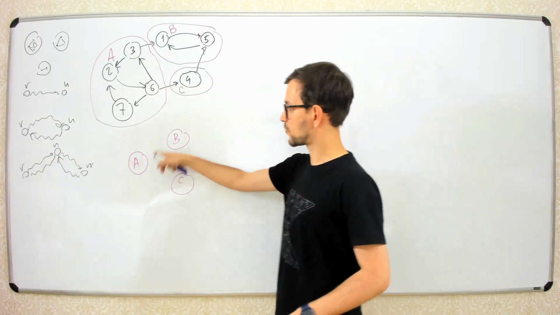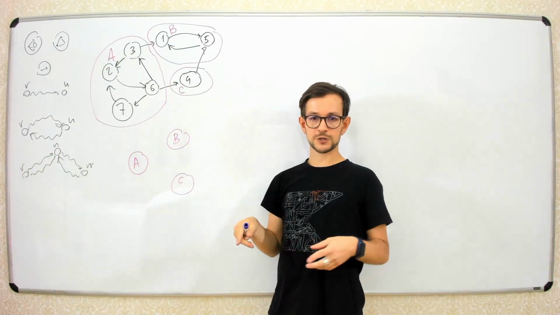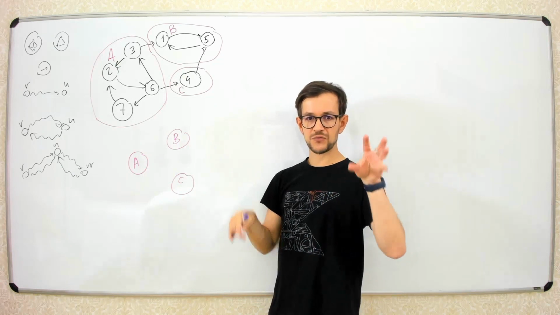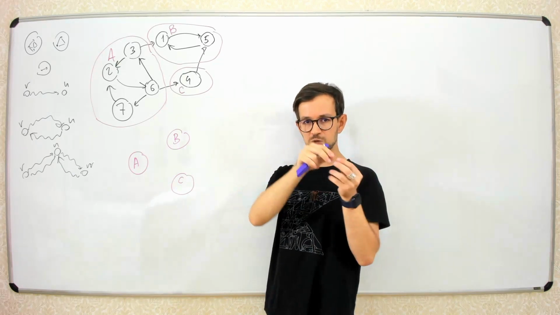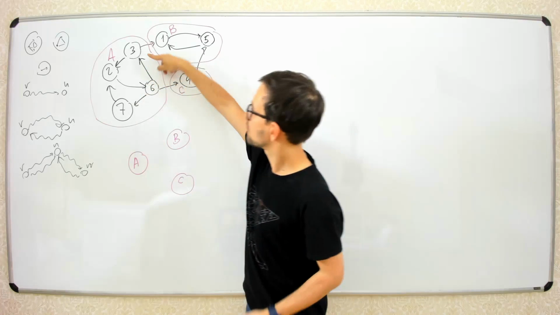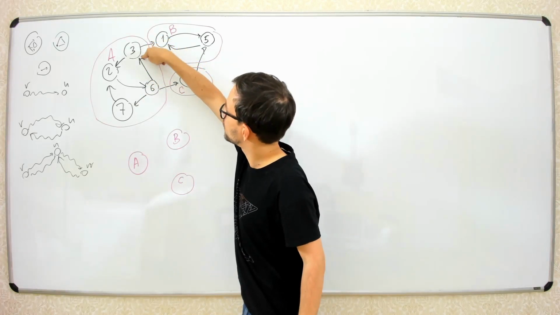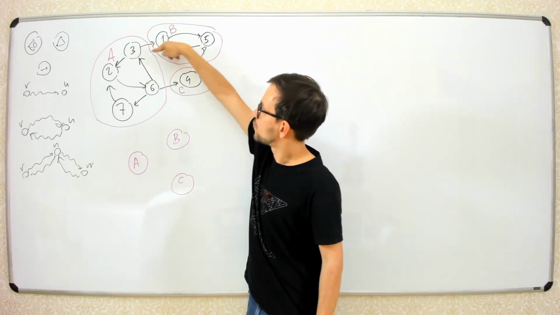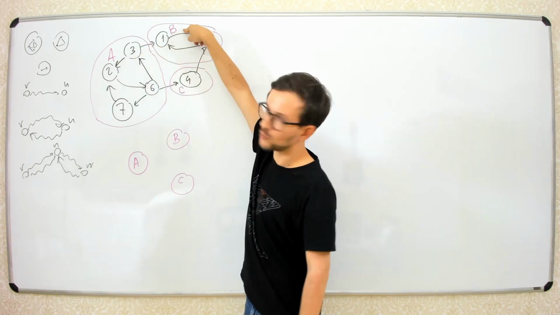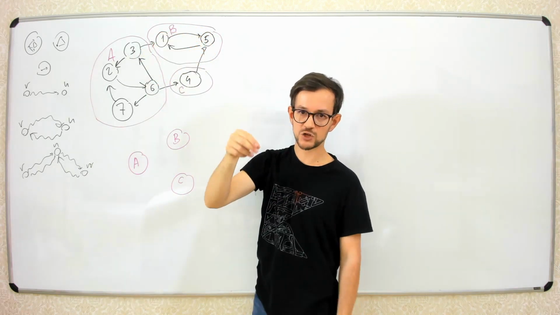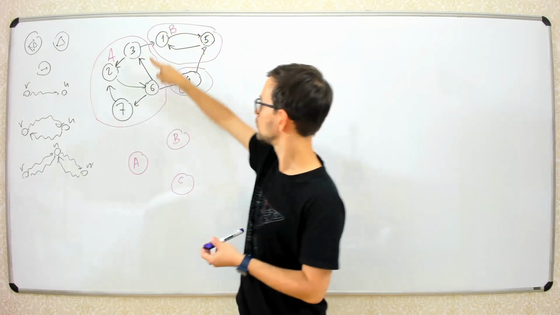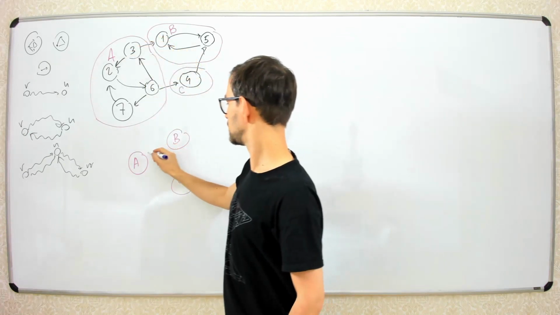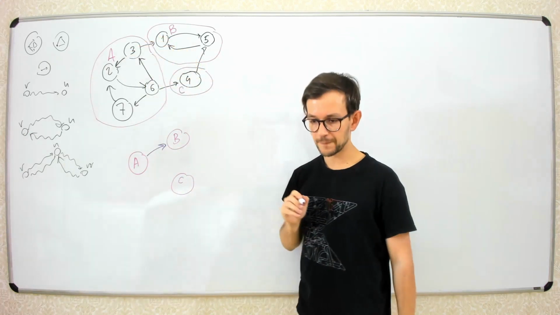So for these 3 vertices, you build the edges if these connected components have an edge between them. So here you have this edge from 3 to 1. 3 belongs to A, 1 belongs to B. So we need to make an edge from A to B. So this edge is now here.